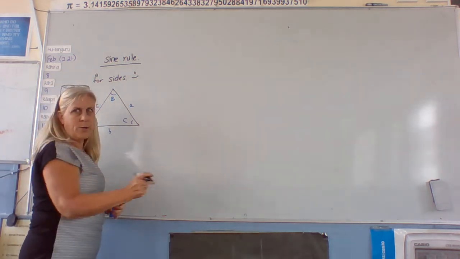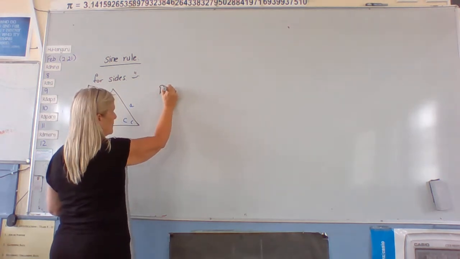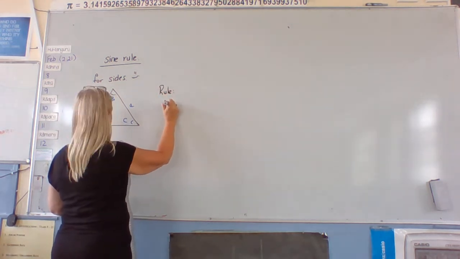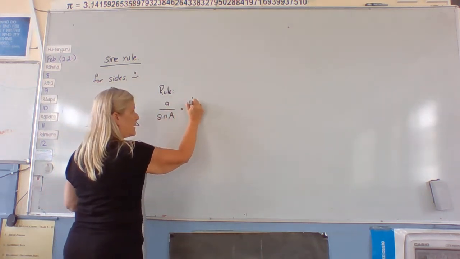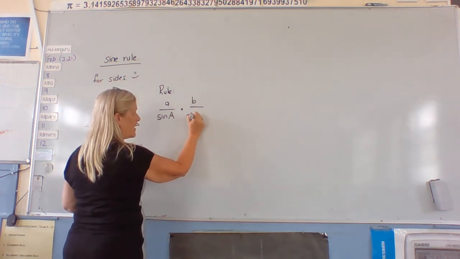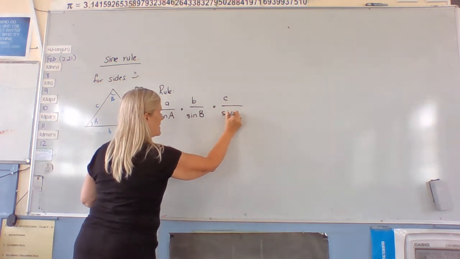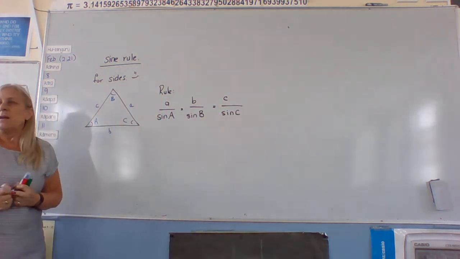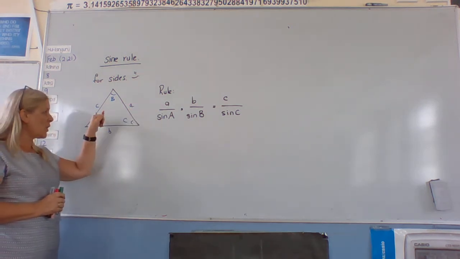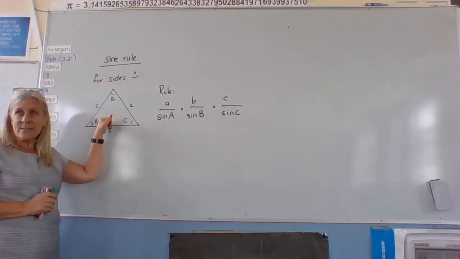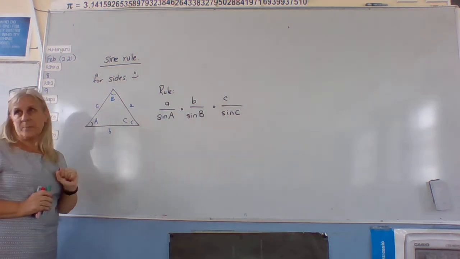I know you've all heard only 1 equal sign on a line as being part of your working, but in this case the rule is a over sine A is the same as b over sine B is the same as c over sine C. What it's saying is that the ratio of the side over the angle, and they are related, will always be the same for whichever pair you pick.